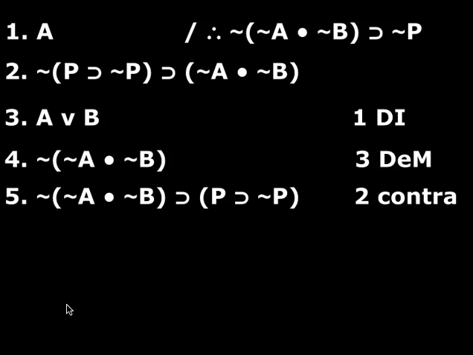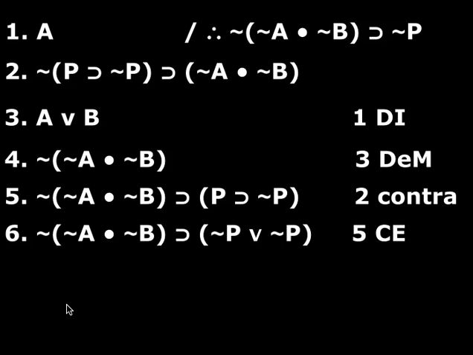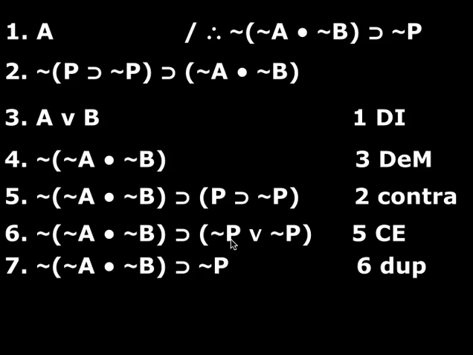First, I'm going to do conditional exchange. Horseshoe becomes a wedge, negate the first component. Everything else stays the same. And now, notice I have a disjunction, and both disjuncts are the same. So by the rule of duplication, I can just replace this with not p. And now the proof is done. Bang.